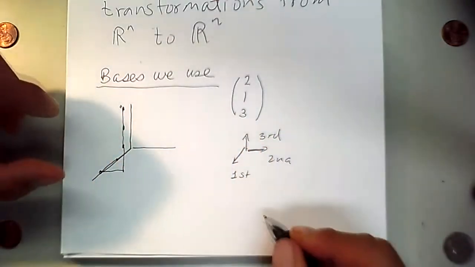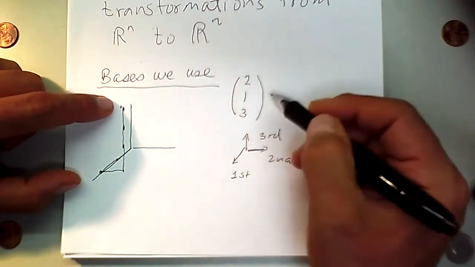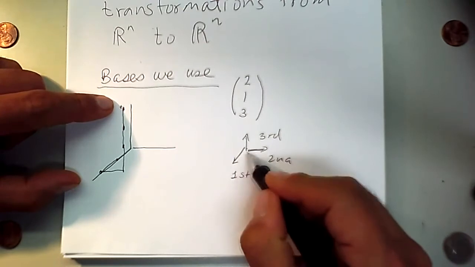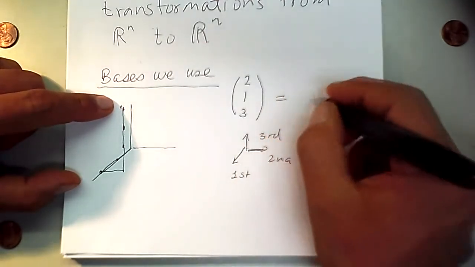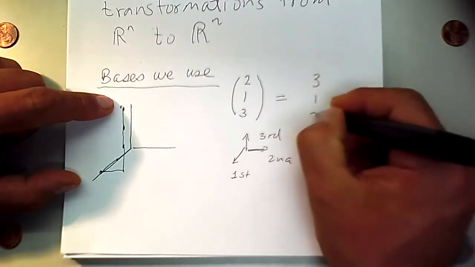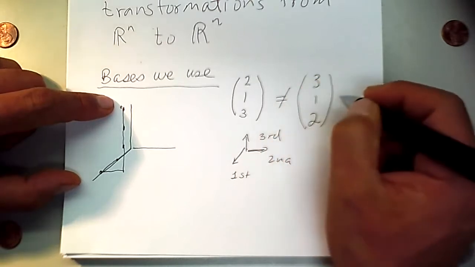So there's a lot of assumptions going on when we describe a point with those coordinates. We're assuming we're using not only those vectors, but in that order. If we were to write 3, 1, 2, we would say, well, that's not true.